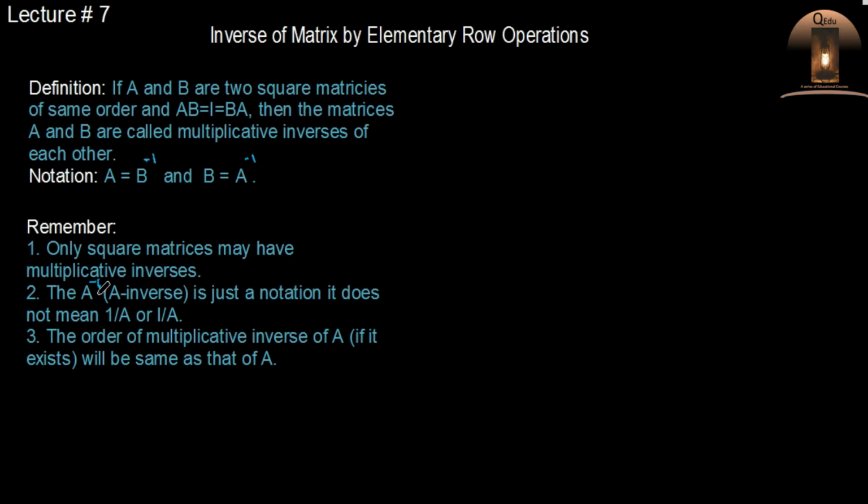It does not mean that it is equal to 1 upon A, because we cannot divide a matrix by another matrix. Thirdly, the order of the multiplicative inverse of A, if it exists, will be the same as the order of the matrix A. So you must remember these points.